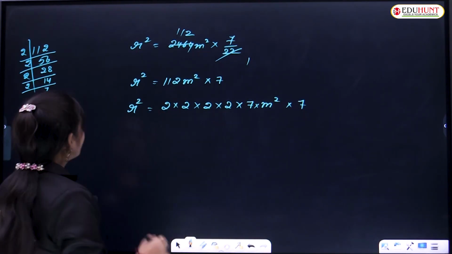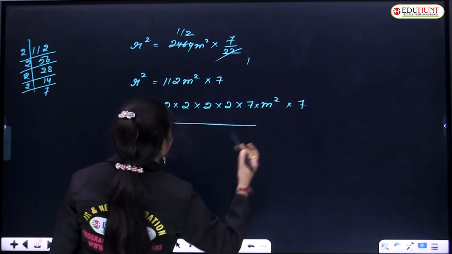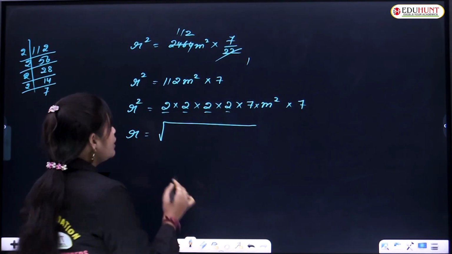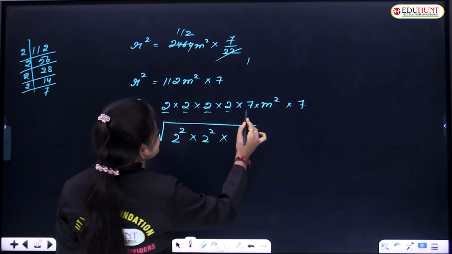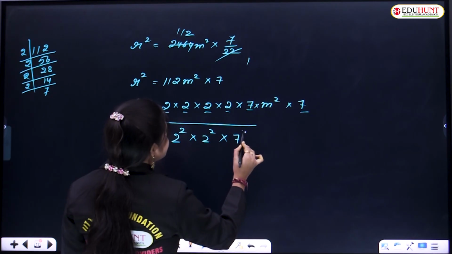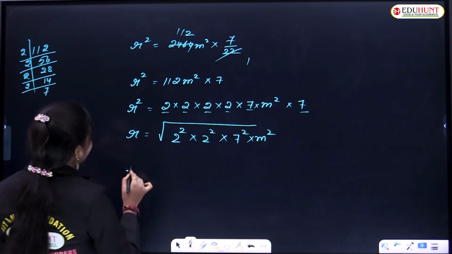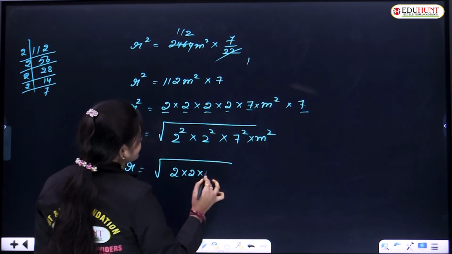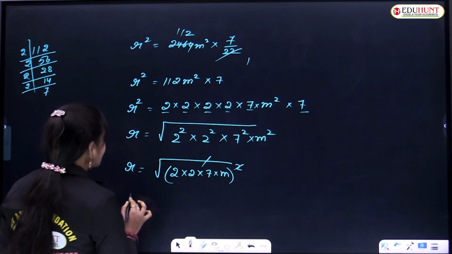Now here r is equal to the square root, and 2 is how many times there? 4 times there. So easily we can write it as 2 square into 2 square into 7, and 7 also 2 times there, then 7 square m square. Here r is equal to square root of 2 into 2 into 7 units whole square. Now square and root get cancelled.